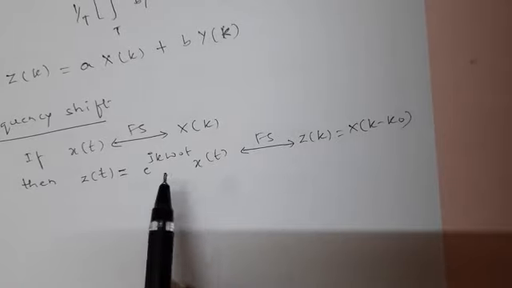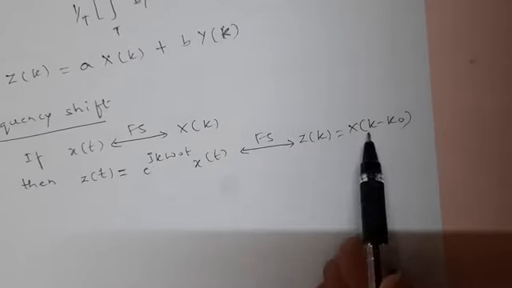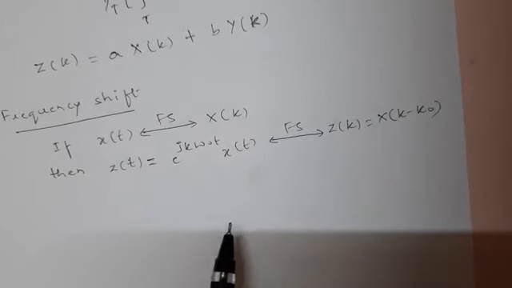So what they are telling is the Fourier series of e to the power j k naught omega naught t x of t is X of k minus k naught. You have to prove that.